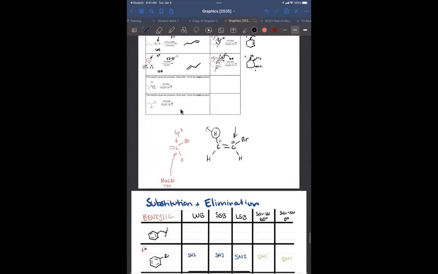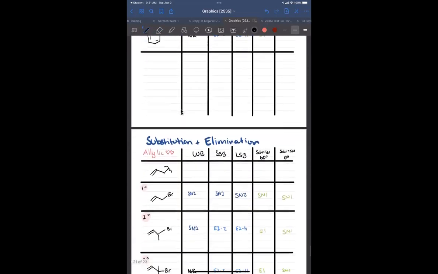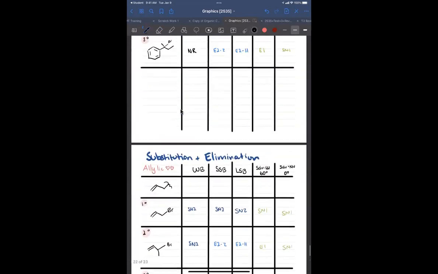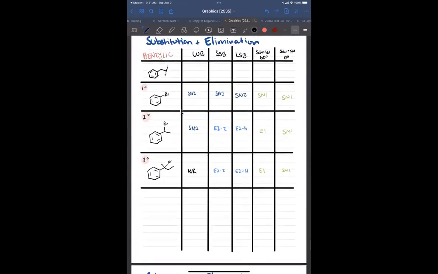So sp2 carbons aren't really reactive with our substitution and elimination reactions, at least for this set. I think the first test you tackle in semester 2 deals with sp2 reactions and benzene, but that's for Dr. Berg or whatever OChem teacher you have.